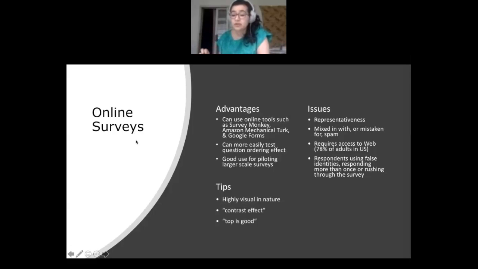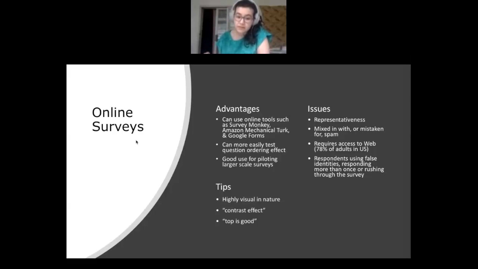And there's a little bit less accuracy because it's just a person that is anonymous in a large way. People can use false identities or rush through a survey.